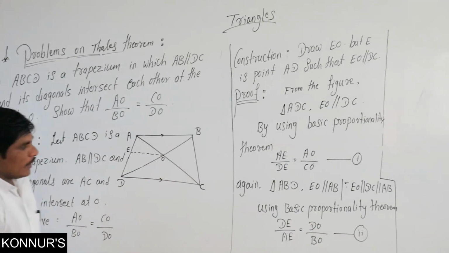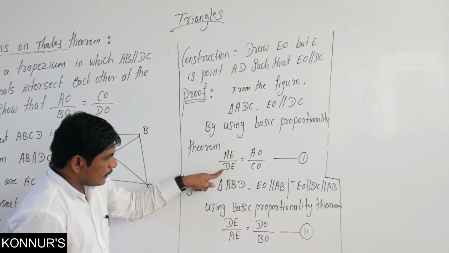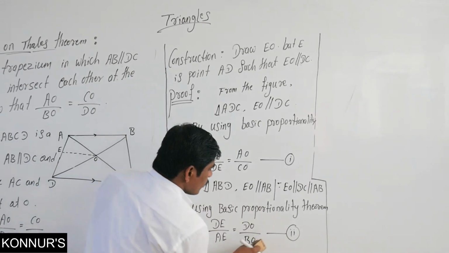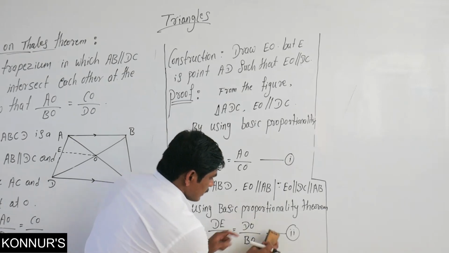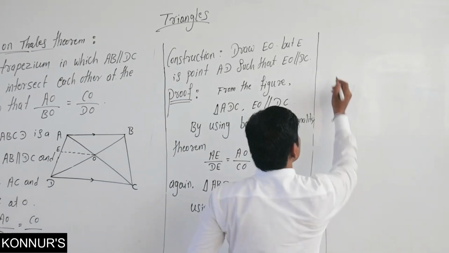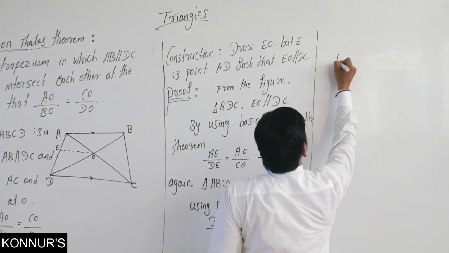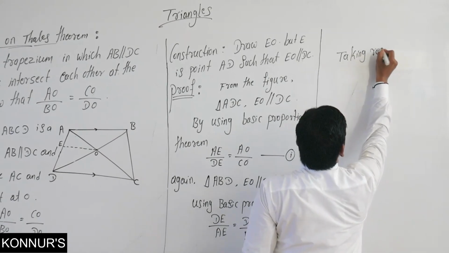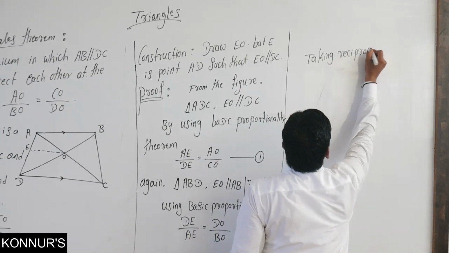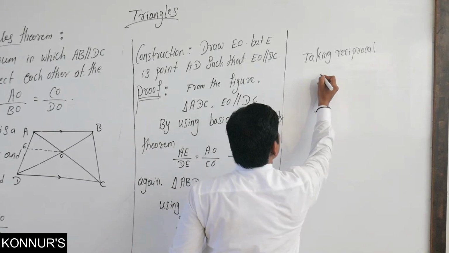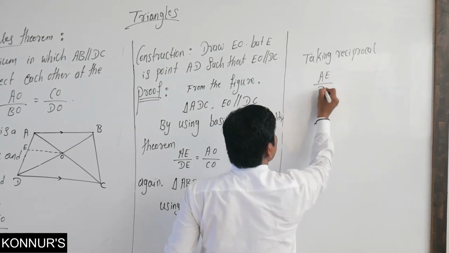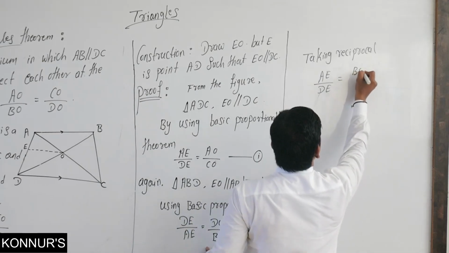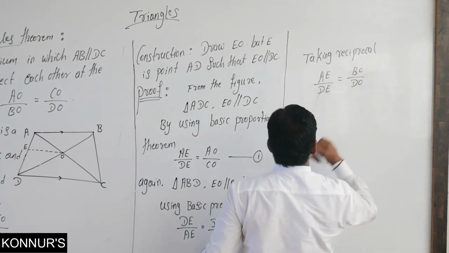Now we observe AE by DE, but here it is DE by AE. That's why we are taking the reciprocal. Here you take the reciprocal form: AE by DE is equal to BO by DO.